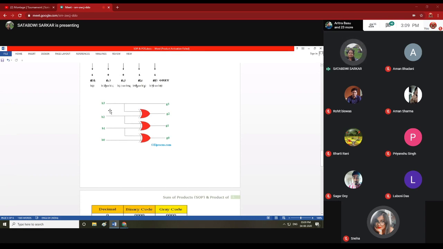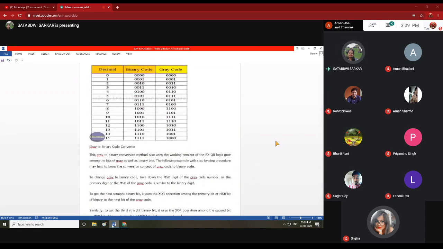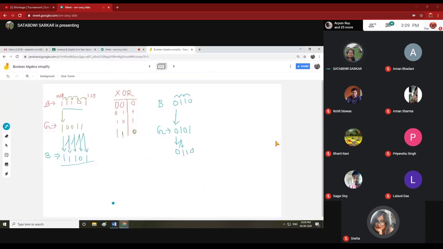So this is the XOR gate circuit. Actually it is not the complete circuit. I am showing you the complete circuit. See, if it is binary, see any example, this one.